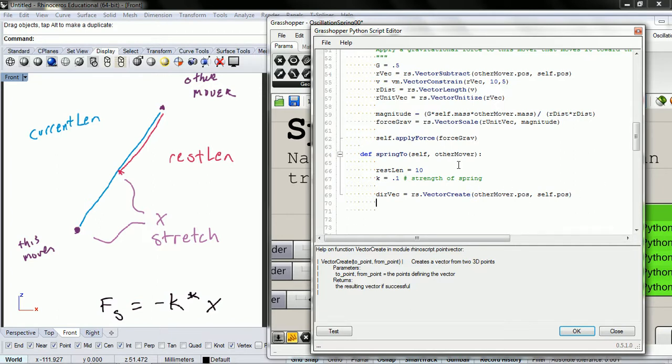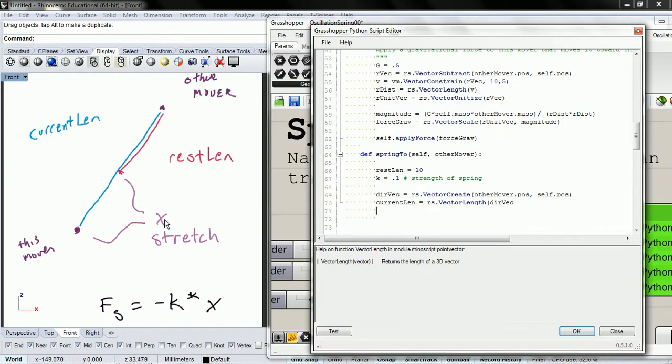The current length is just the direction vector length. So current_length is rs.vector_length of direction_vector.